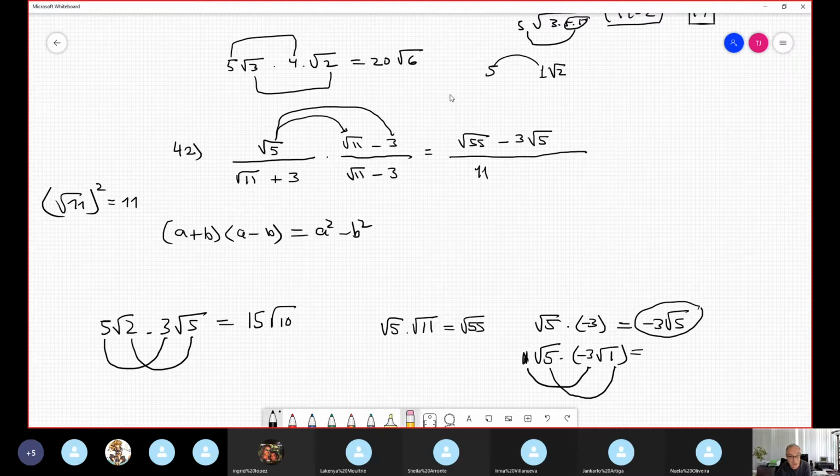Minus, always minus, in between. Square the second: 3 squared gets 9. Where does this 9 come from? 3 squared. Then 11 minus 9 is 2. Radical 55 minus 3 radical 5, divided by 2.